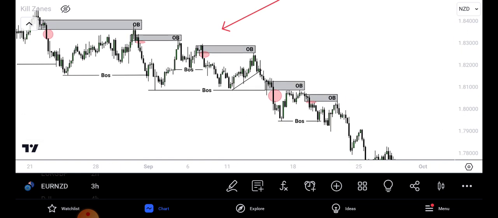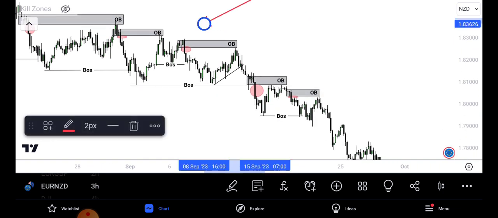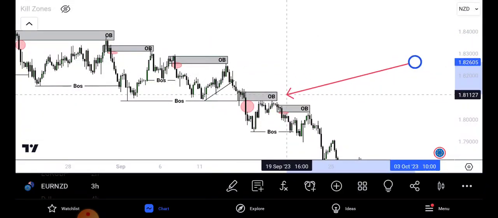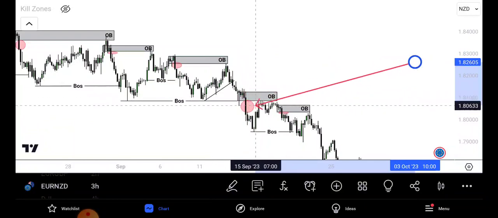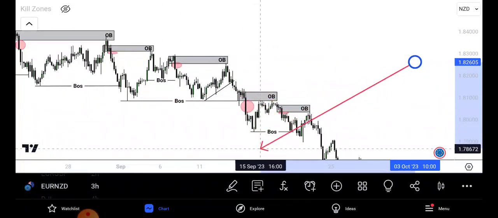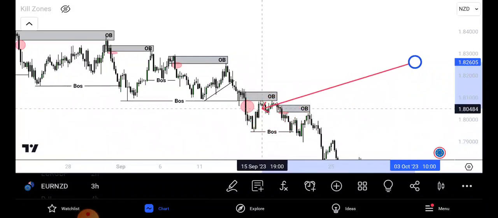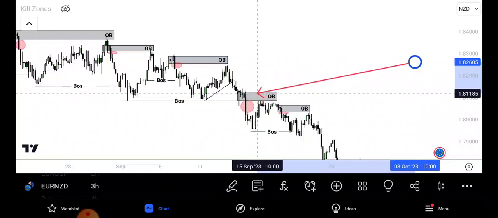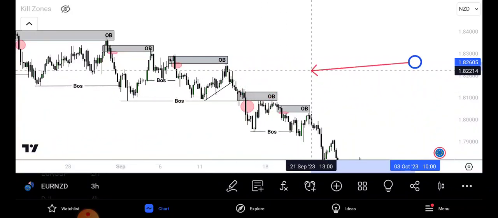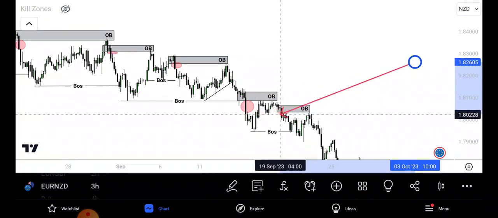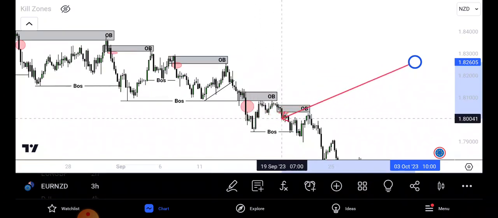After the market took out that liquidity, we also had an area of interest, which is this order block area, and the market broke structure. We looked for our imbalance, we saw it, we looked for our order block, we saw it, and now we looked for our liquidity, which is equal high liquidity.